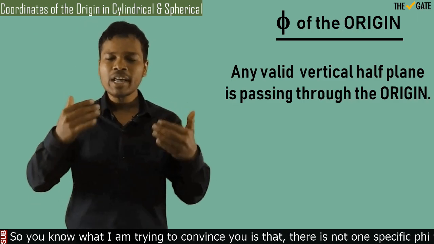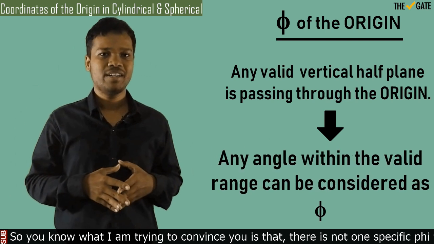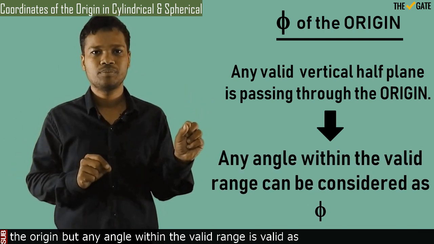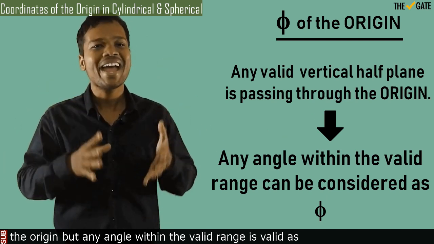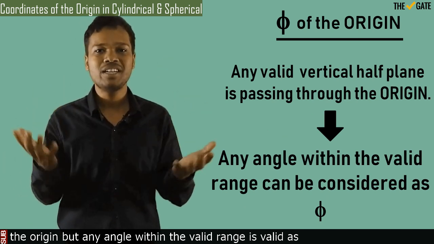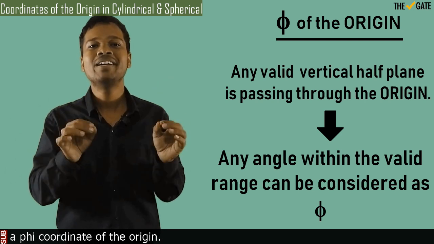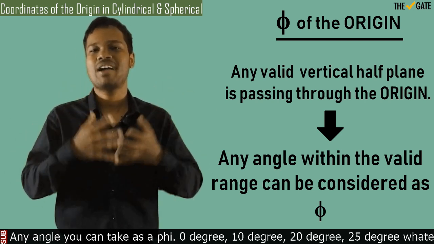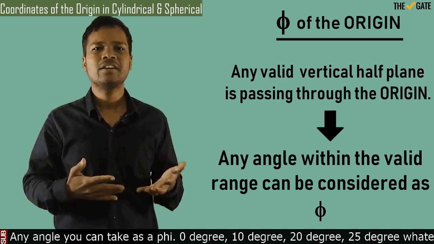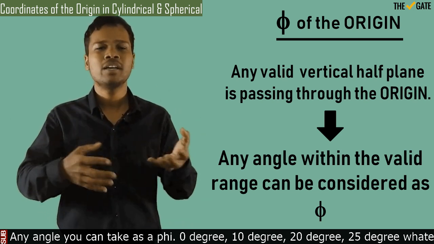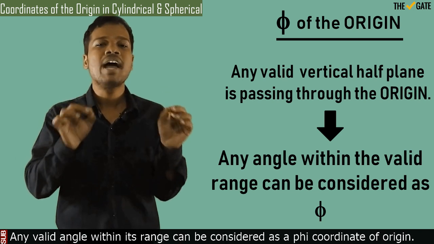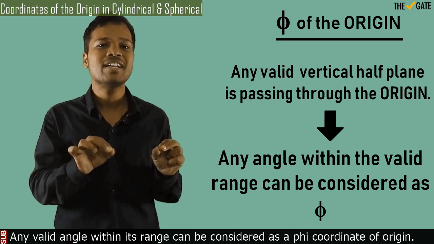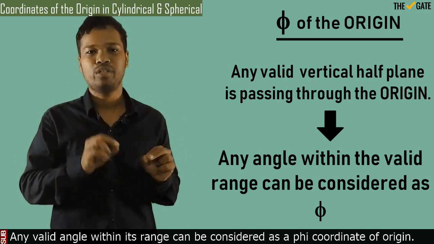What I am trying to convince you of is that there is not one specific phi for the origin, but any angle within the valid range is valid as a phi coordinate of the origin. Any angle you can take as phi: 0 degrees, 10 degrees, 20 degrees, 25 degrees, 180 degrees, whatever.